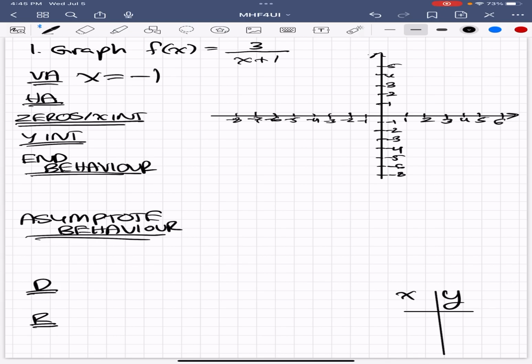The degree of the numerator is less than the degree of the denominator, which means it's case number 1, which means our HA is y equals 0. Our zeros for the numerator, there are none. There's no way to solve for x with the numerator, which means there are no x-intercepts.